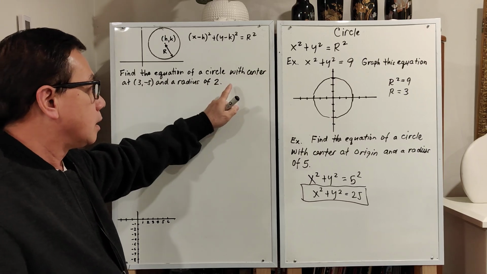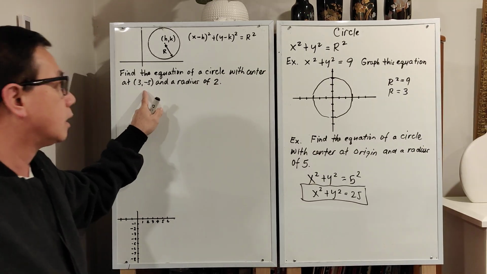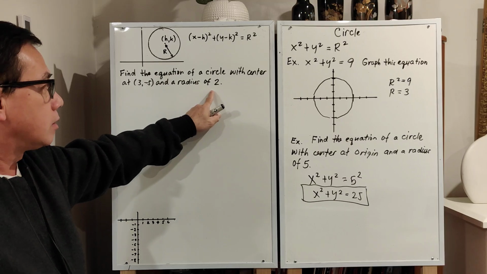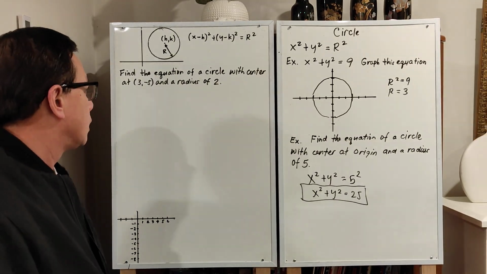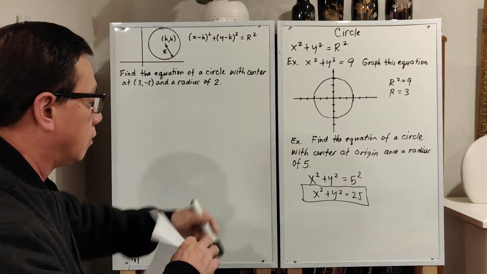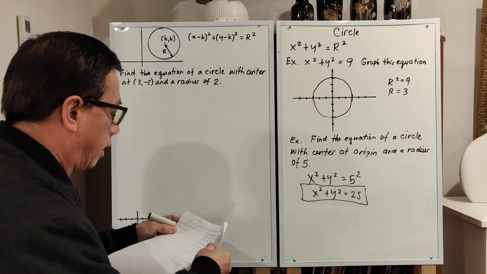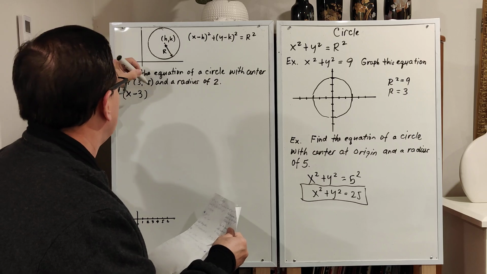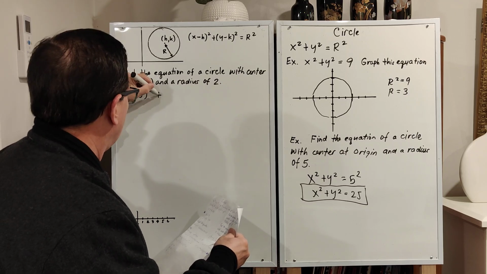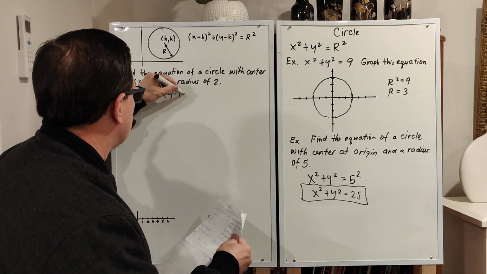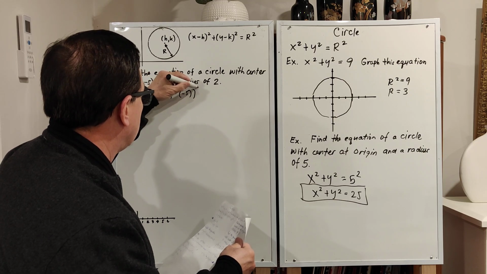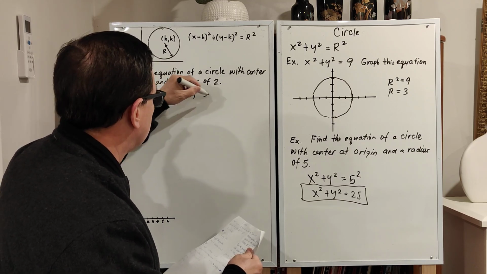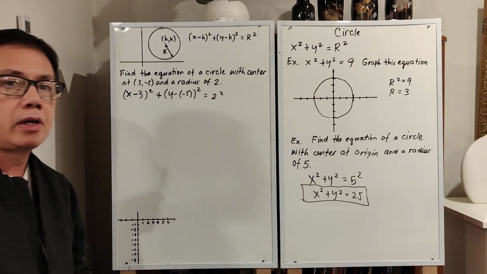Find the equation of a circle with center at (3, -5) and a radius of 2. So we just plug it into the formula. We have x minus 3 squared plus y minus -5 squared is equal to 2 squared.